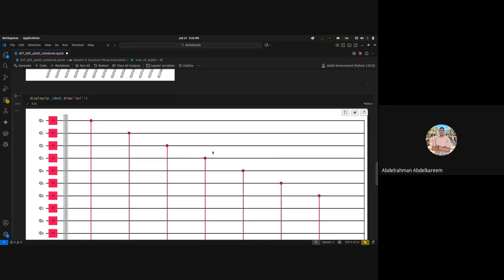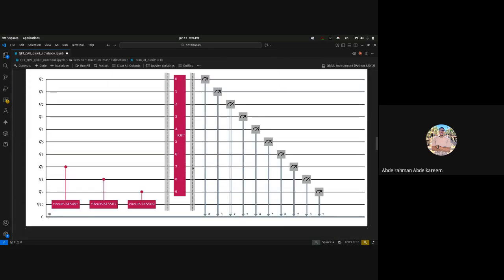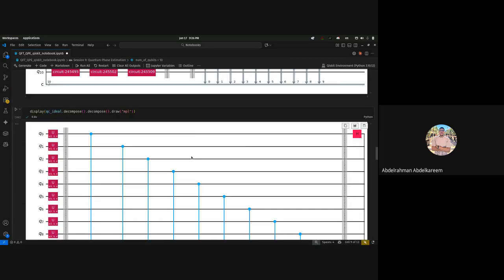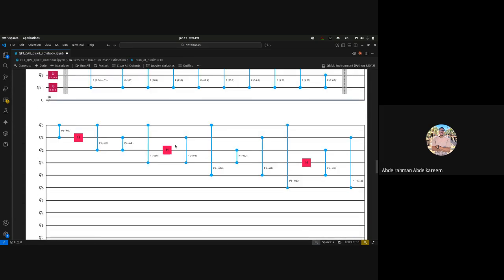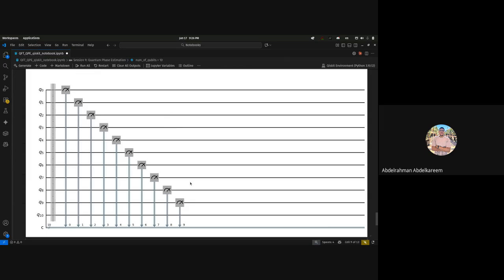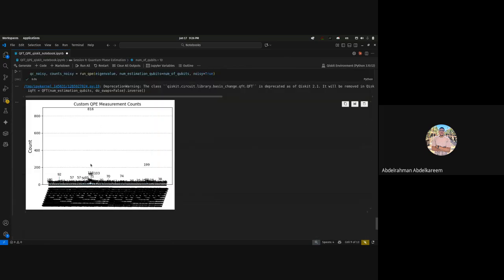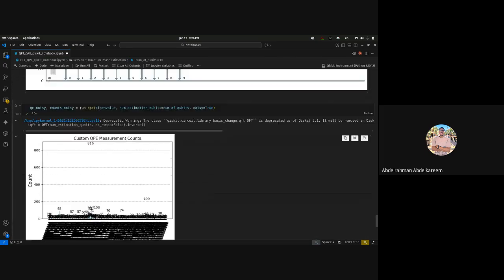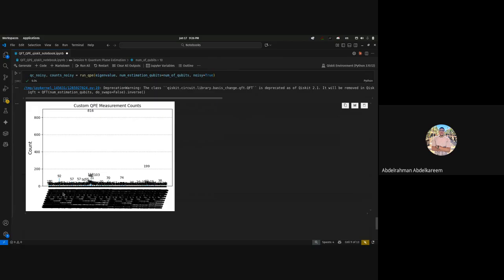The circuit will be much bigger; the decomposed circuit will be enormous. For the noisy part, if you take a closer look, the maximum count is only 800.